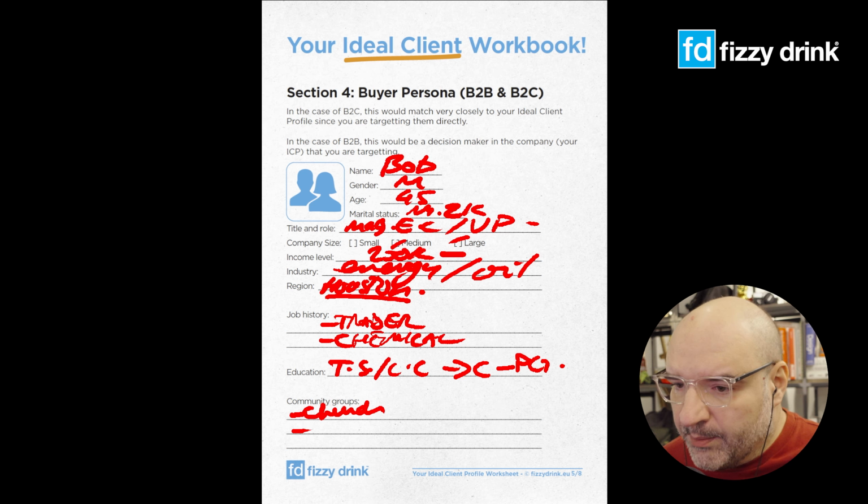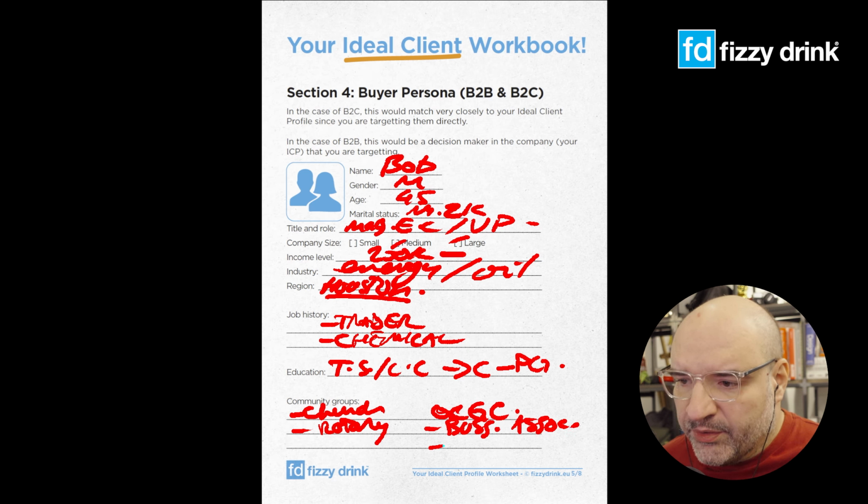And now he slowly moved up to the environmental part through promotions and a long time in the company. And then community groups, again, maybe he attends church, perhaps not, maybe something along the lines of a Rotary Club, maybe a golf club or business associations and other marketing groups.